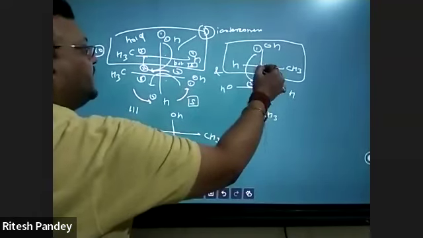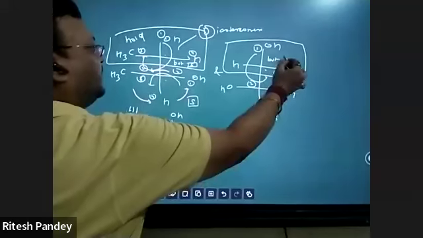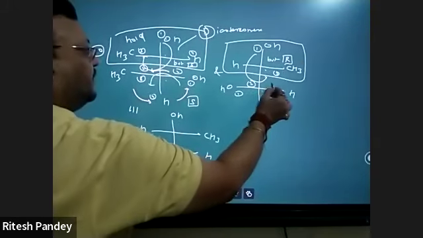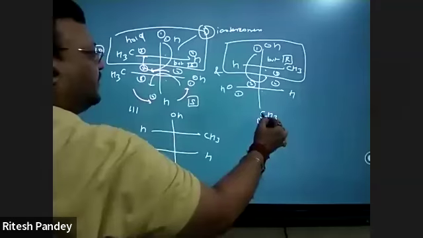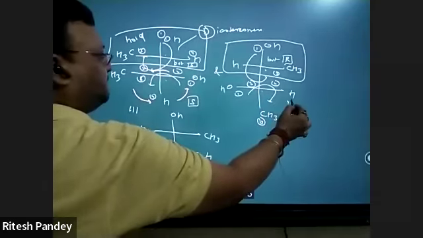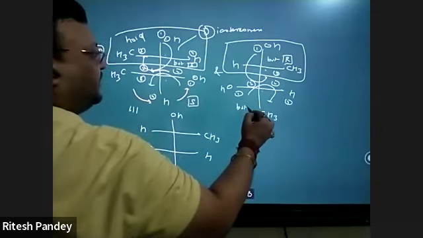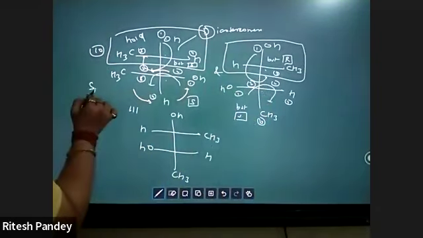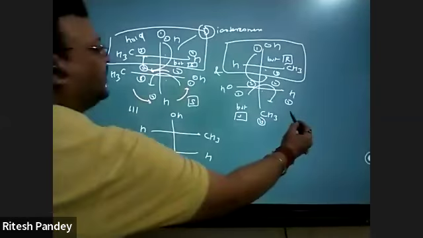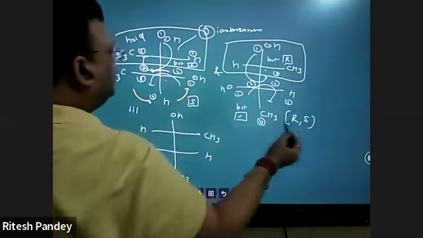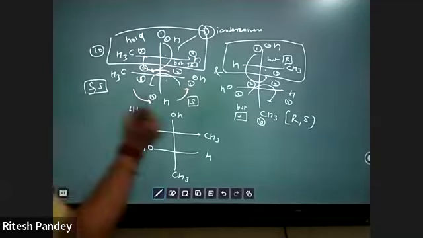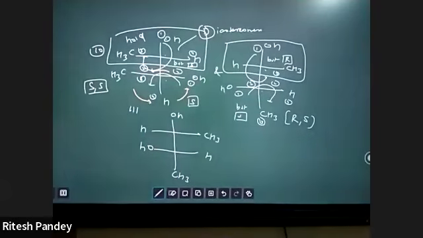If I go this way, this is anti-clockwise, and I'll write R. And for this carbon 1, 2 and 3, this will be clockwise, S. So even if you go by R and S configuration, this will be SS and this will be RS. Trust me, you'll also understand the fact which I told you: same at one carbon, different at another carbon, they're going to be diastereomers.